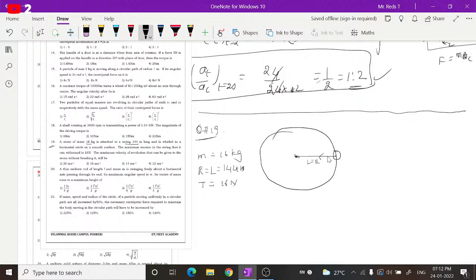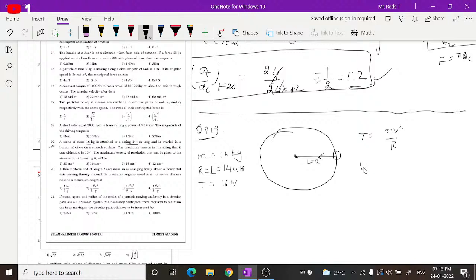Tension provides the centripetal force, so tension is equal to centripetal force, mv square by r. If you increase the speed, tension also increases. At a particular maximum velocity, it breaks. So what is the maximum velocity at which the string can break? That is the question.